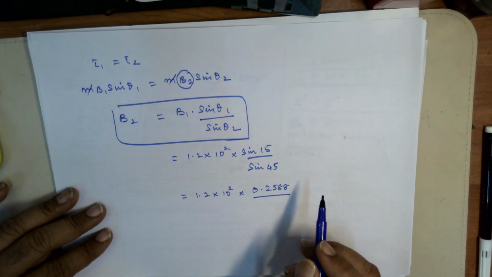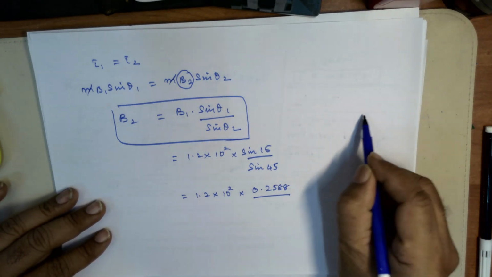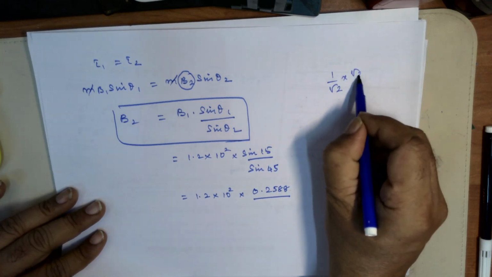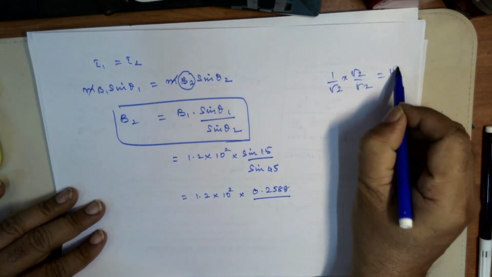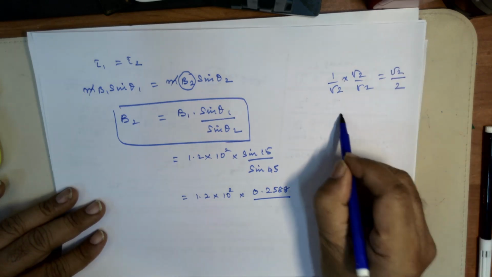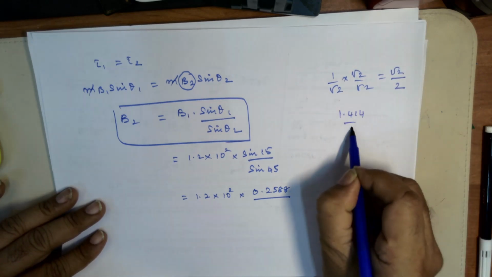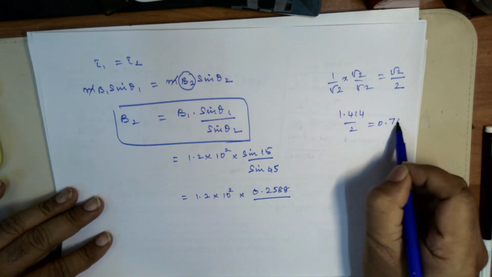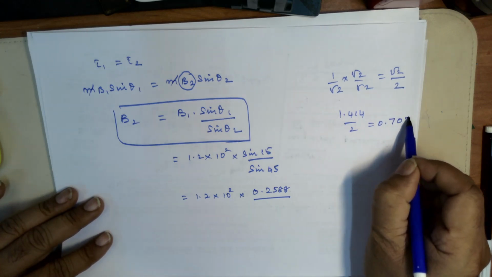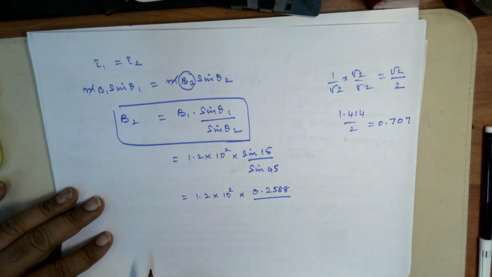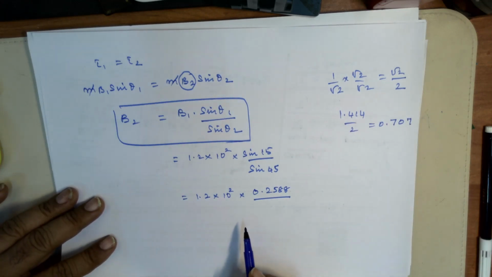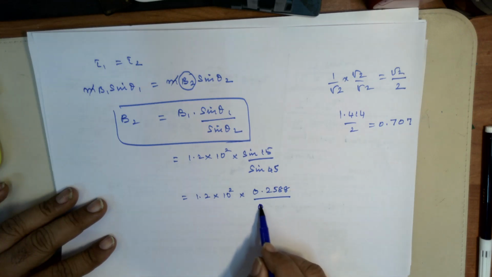So 1 by root 2 means root 2 by 2, that is 1.414 divided by 2, which is 0.707.